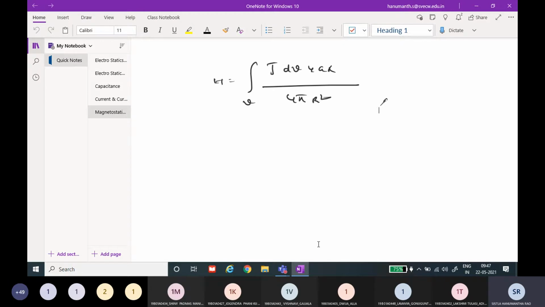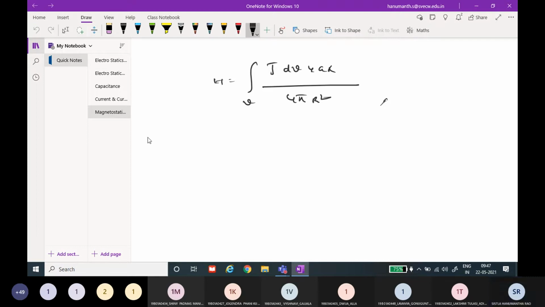Today, put the subheading as magnetic field intensity of an infinite long current filament.